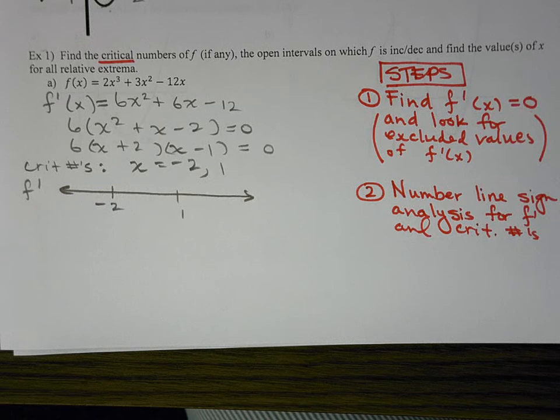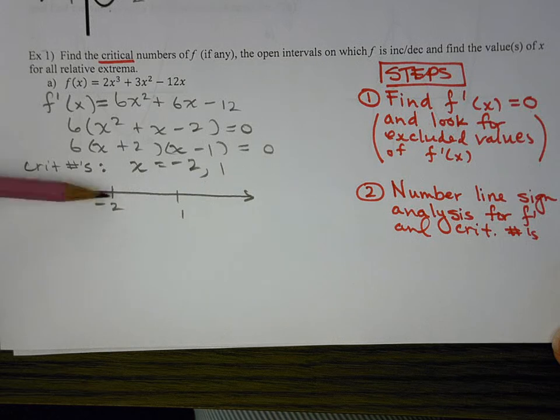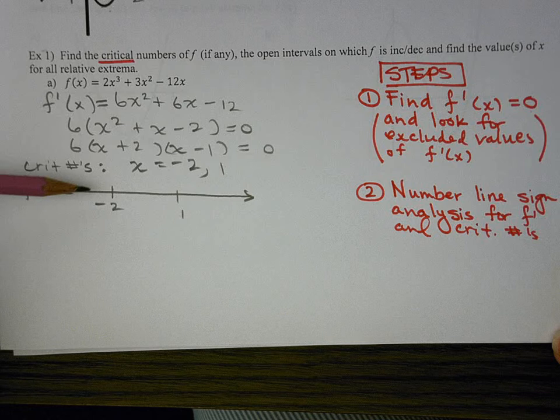So just a reminder for a sign analysis, this is where the derivative is equal to 0, right? The derivative is equal to 0 at both of these values, because that's what we did up above. Now we need to figure out, to the left of this place where it's 0, what is the sign, positive or negative?